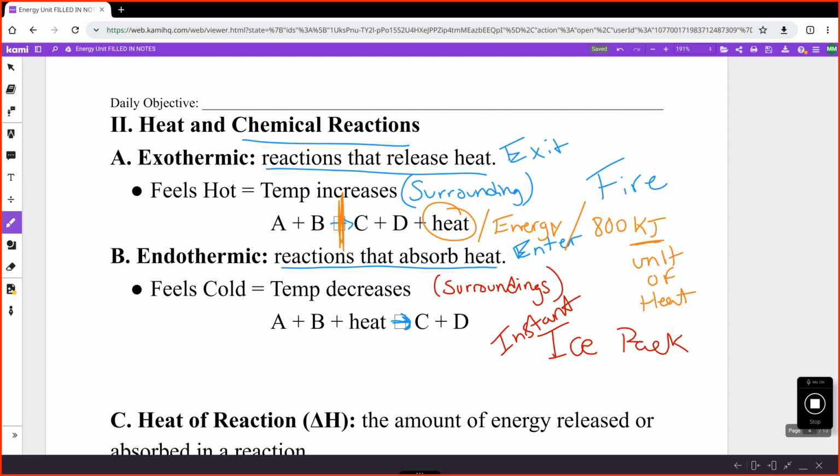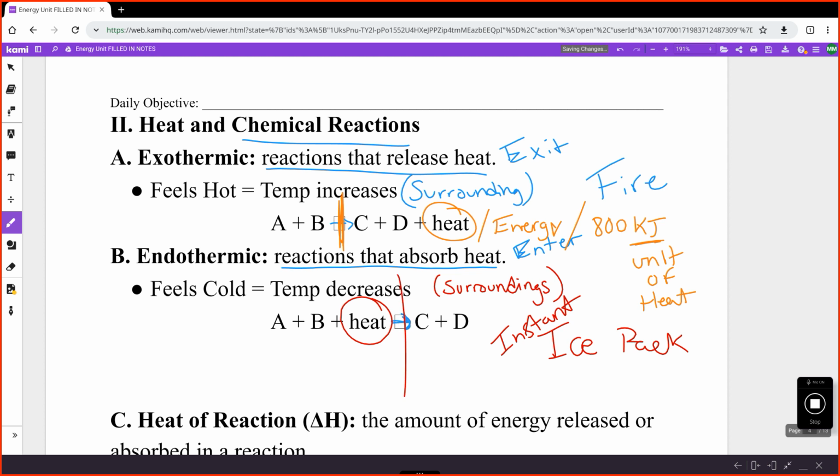It does that because the reaction inside, when the chemicals are mixing, they start pulling in all of the heat. And so to us, the ice pack feels cold because the majority of where they're getting their heat from is from your body.